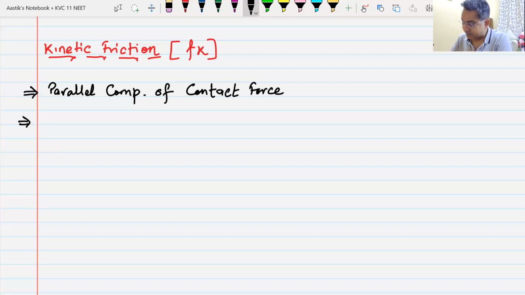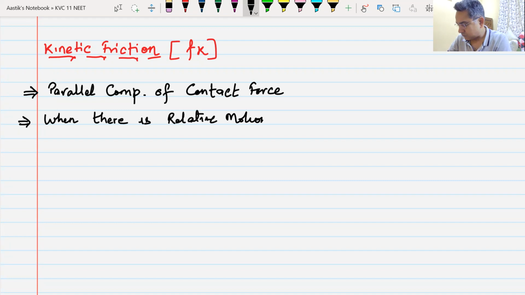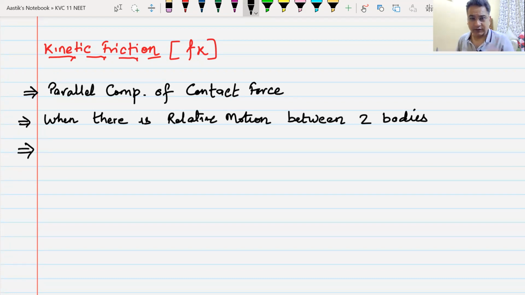It comes into the picture when there is relative motion between two bodies or a body and a surface. What is the work of this kinetic friction? It opposes the relative motion.